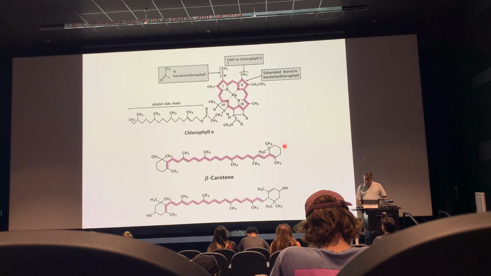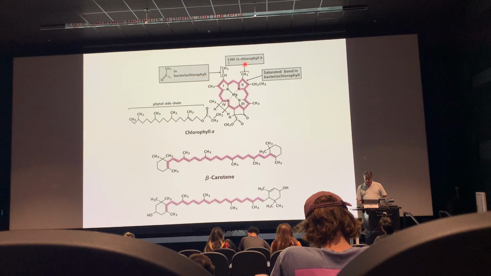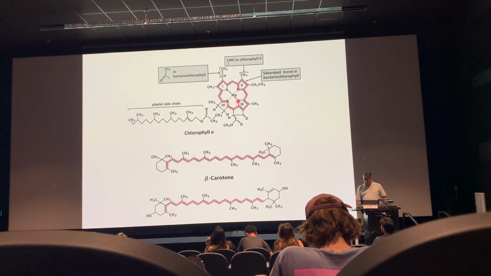So these two compounds are referred to as accessory pigments. They can absorb light at wavelengths that chlorophyll A cannot. Chlorophyll B is very similar in structure, except that there's an aldehyde group up here at the top. The point is, the chlorophylls A and B absorb a lot of light.